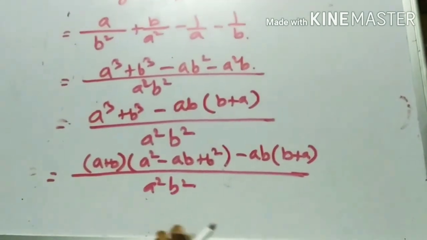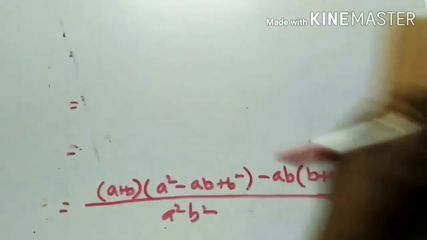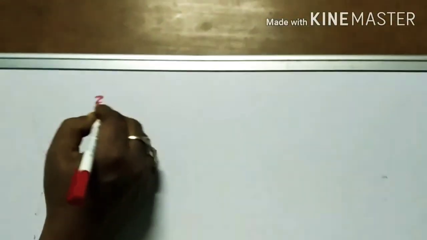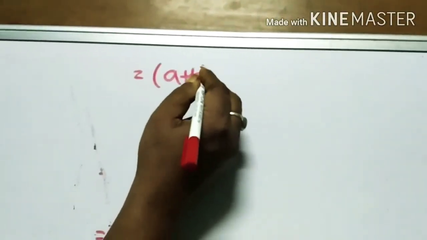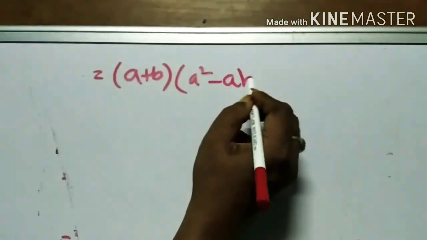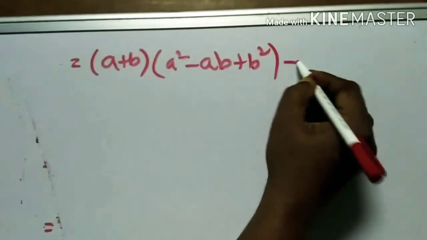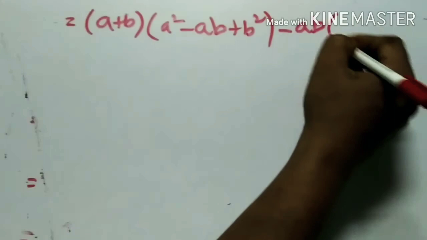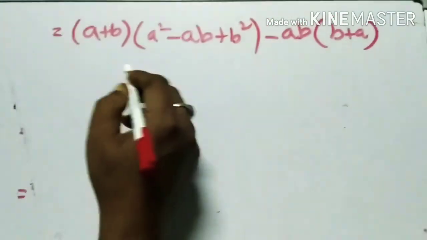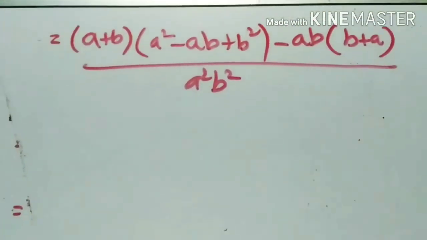So let me write this again. That is equal to a plus b, a square minus ab plus b square closed, minus ab, b plus a, by a square b square. So see what I am going to do here.